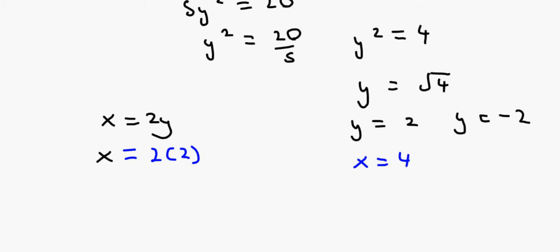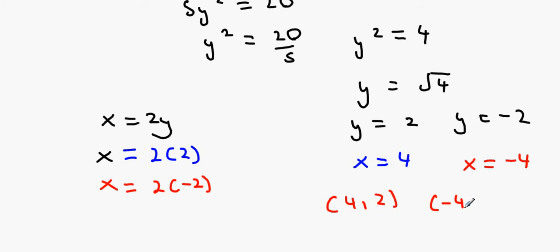And when y is minus 2, x is going to be 2 times minus 2, which will give us x equals minus 4. You can also write these answers in bracket form, where you say 4, 2, and minus 4, minus 2 are the solutions to this question.